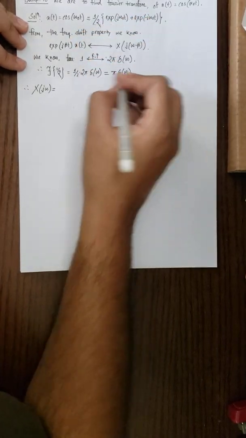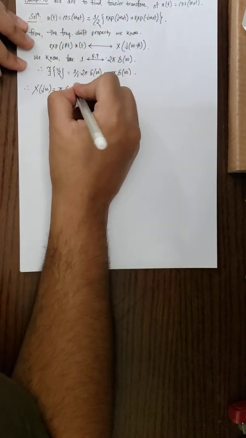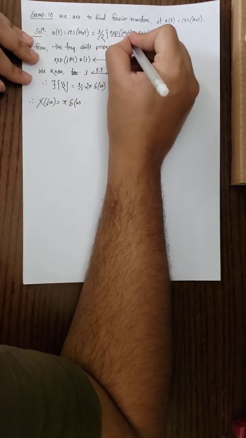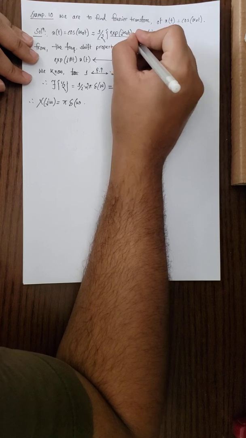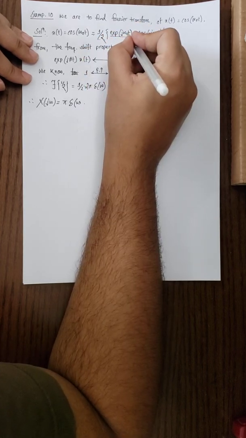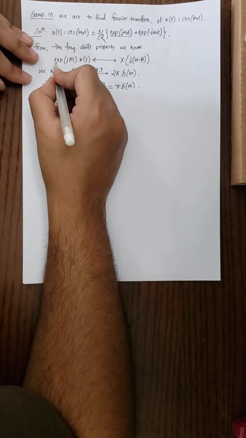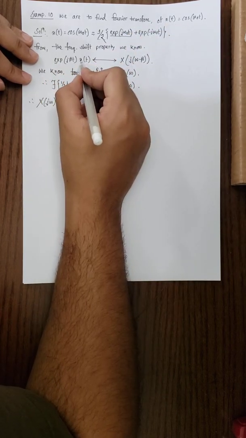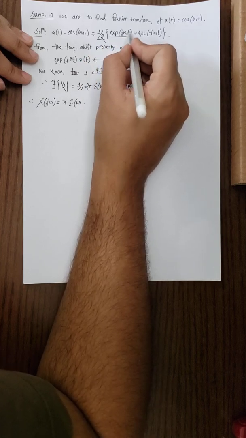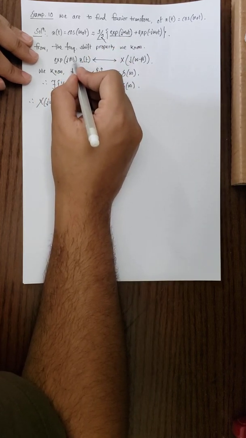half will have a Fourier transform of pi delta omega, and since e to the power j omega naught t is multiplied with half, this term becomes something like this. X of t in our case is half, and e to the power j omega naught t is e to the power j beta t.